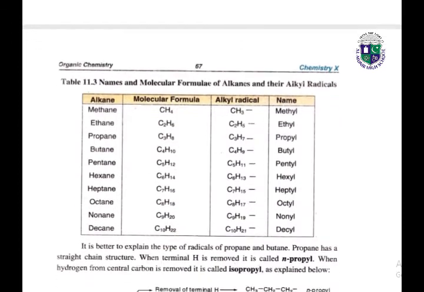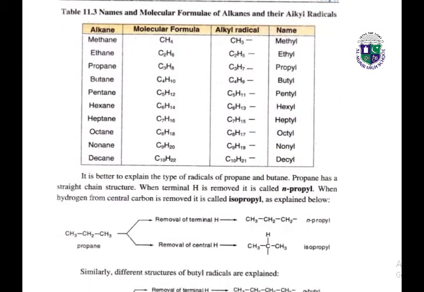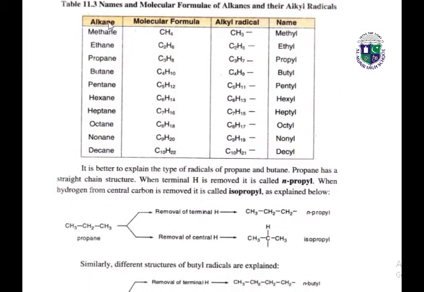Look at this table, table number 11.3. Here we have the alkanes: methane, ethane, propane, butane, pentane, hexane. So here we have their molecular formulas. If we remove one hydrogen atom from the molecular formula of methane, it will turn into an alkyl radical, CH3.